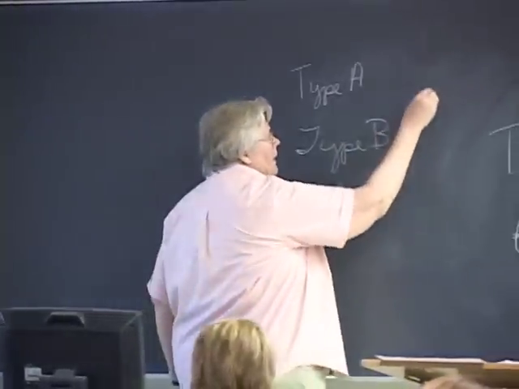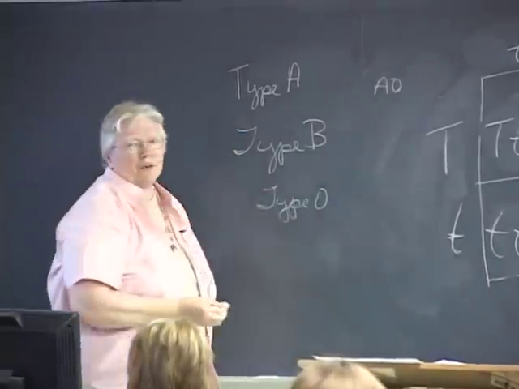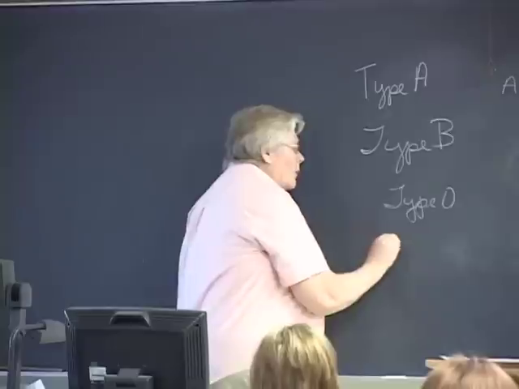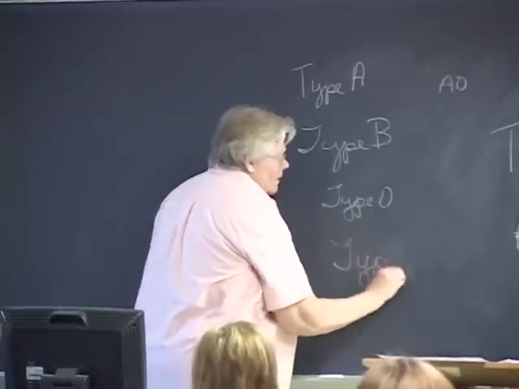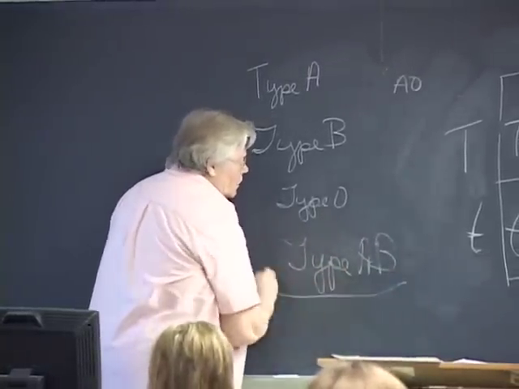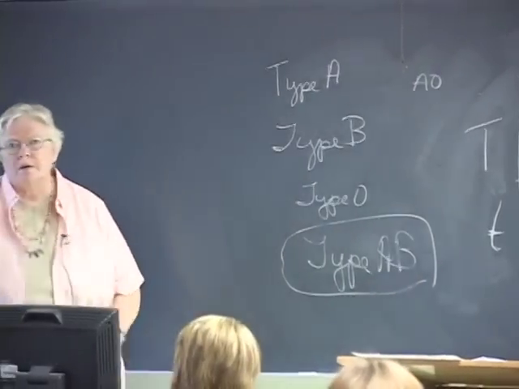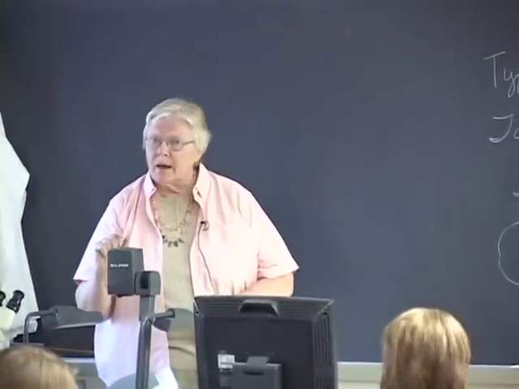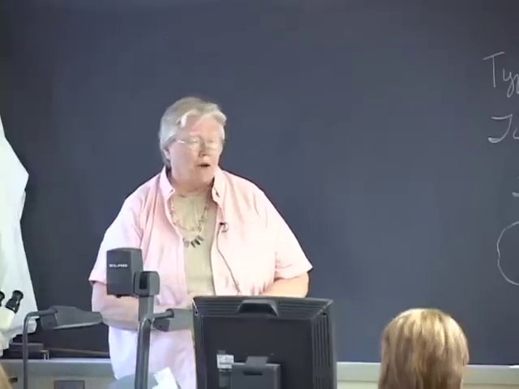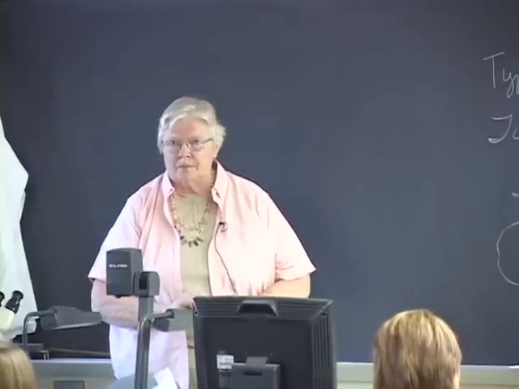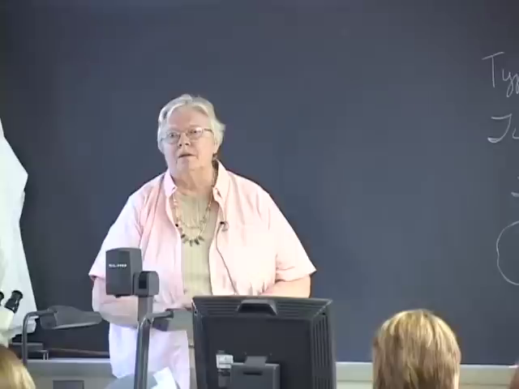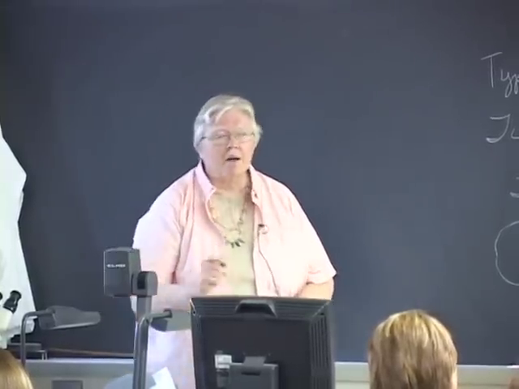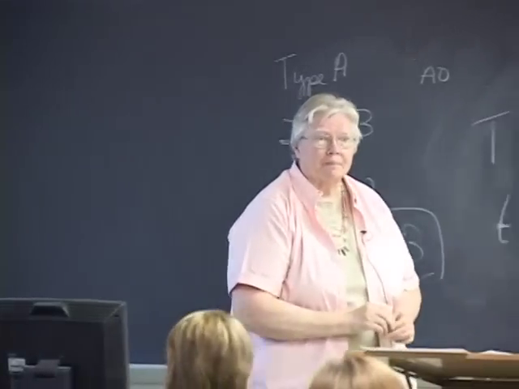So if your genotype is AO, your phenotype is A. Right, okay. And then we have type AB. And this is where we see the codominant. Because in type AB, we have the A antigen, and we also have the B antigen on the erythrocytes. So both characteristics are fully expressed. Every erythrocyte will have A and B.